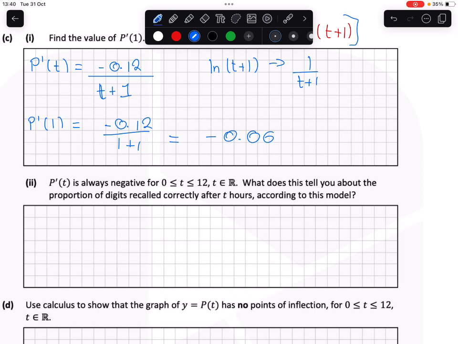Well, p prime of t is the rate of change of p(t), in other words, the slope. What happens when the slope is always negative? Then the proportion of digits recalled correctly after t hours is always going to be decreasing.